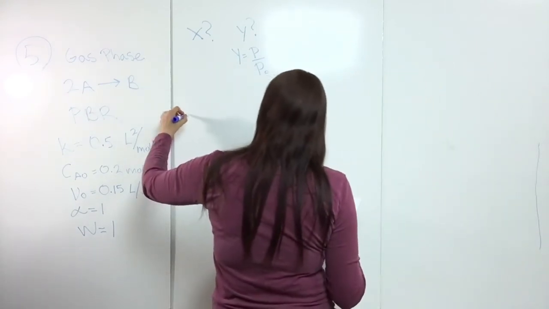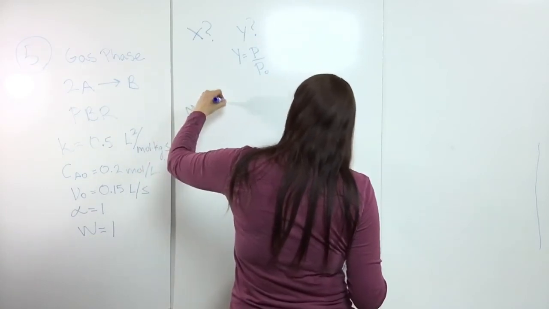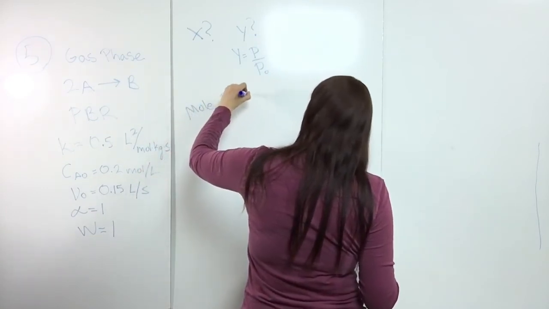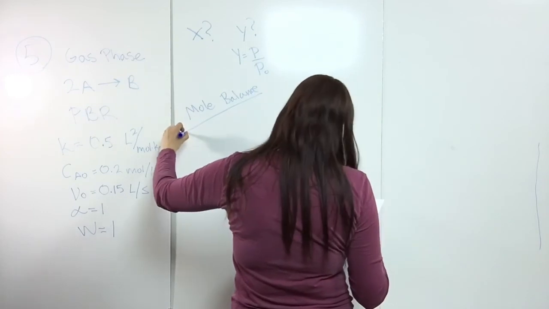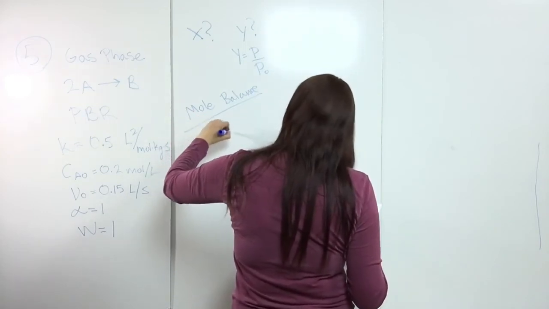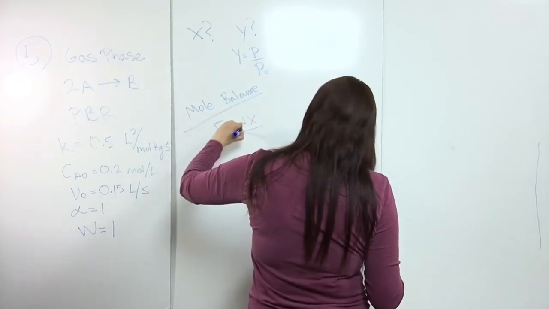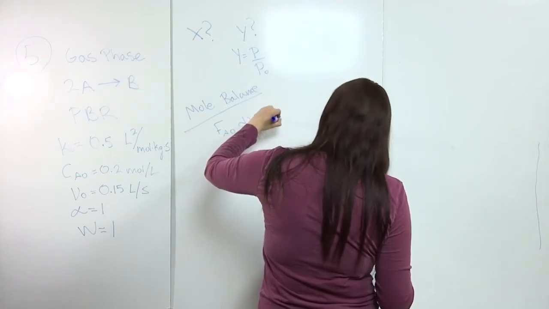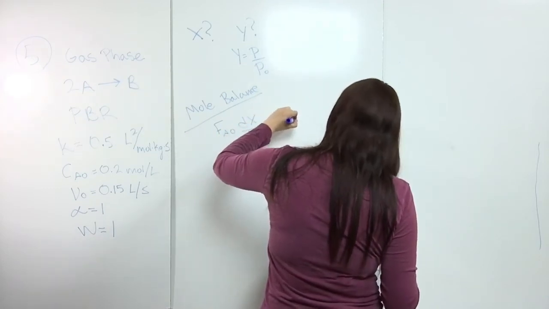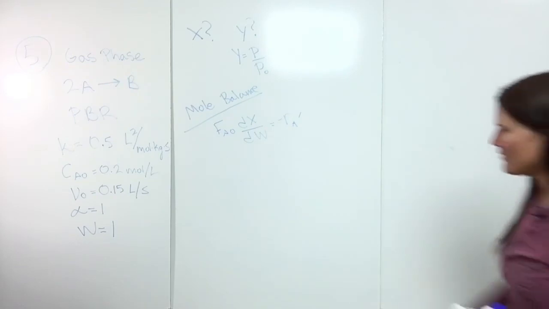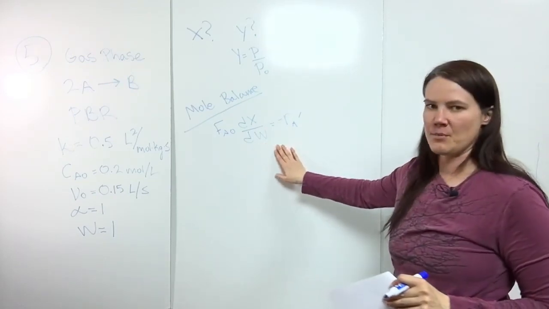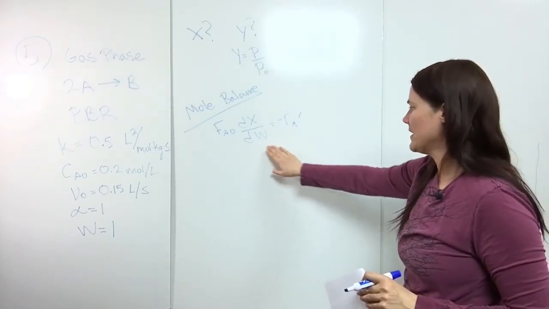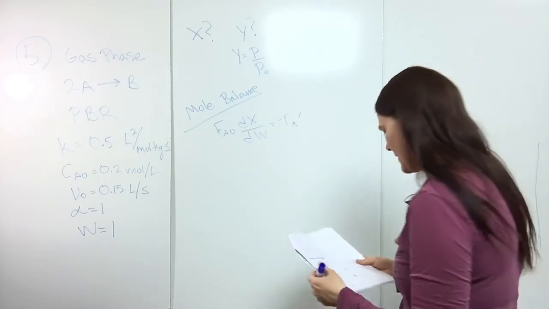We write the mole balance. So Fa naught dx dw is equal to minus Ra prime. Remember, since we have a pressure drop this time, we need to write this in the differential form.